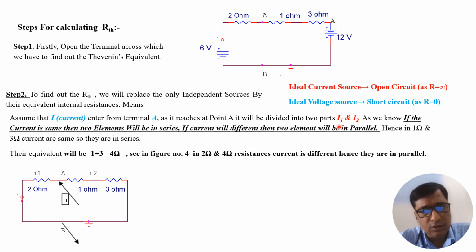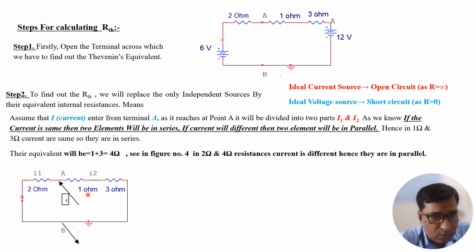The current will divide into two parts, I1 and I2. If the current is the same, then the two elements are in series, and if the current is different, then the two elements are in parallel. Here 1 ohm and 3 ohm will carry the same current, I2, and the 2 ohm will carry the current I1.